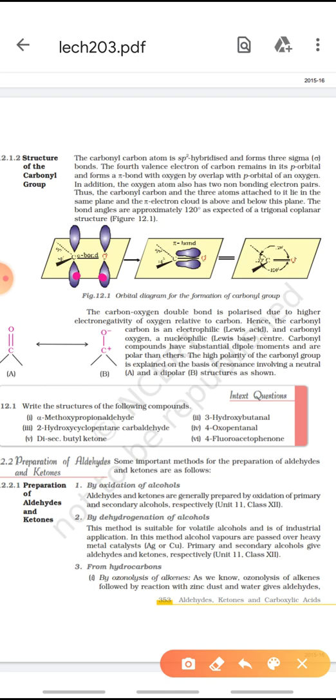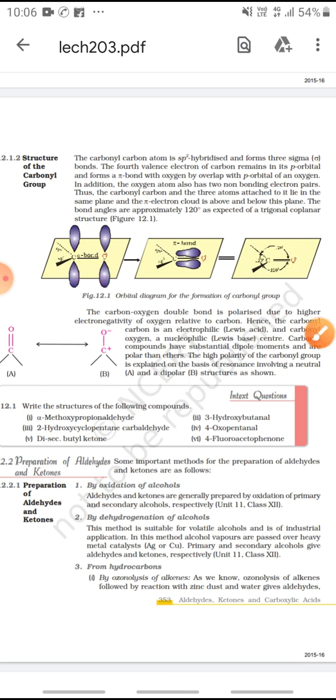So it has a 3-dimensional structure and the overlapping taking place above and below the plane forms a pi bond. Now the carbon oxygen double bond is polarized also because there is a large difference in the electronegativity of oxygen and carbon. Oxygen, being more electronegative, attracts the shared pair of electrons towards itself, due to which it develops a negative charge, and carbon develops a positive charge.